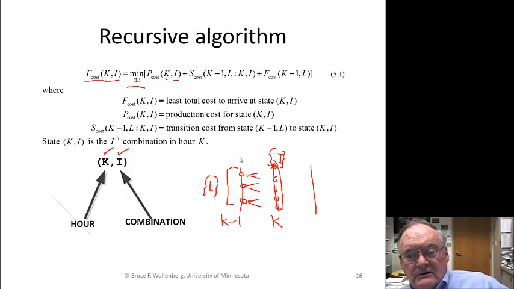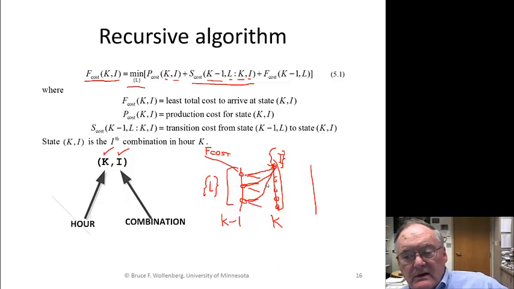First I add the production cost at this end, then the startup cost to go from K-1 in L to K in set I. And then last of all, each of these would have had an F cost. So I add the F plus the startup plus the P cost, and that's the total cost to get there. And I do it for each. So I would do this, then I would do this, and then I would do this.